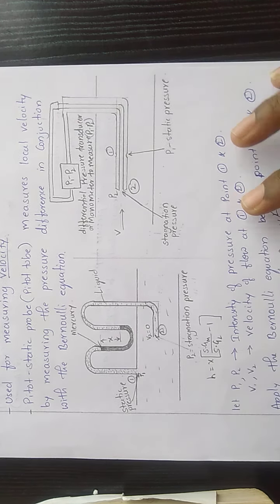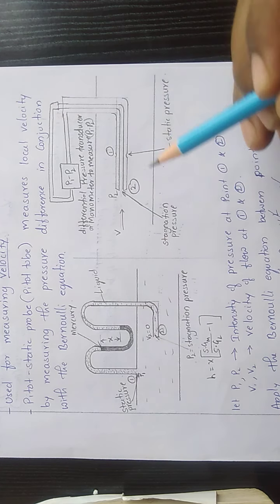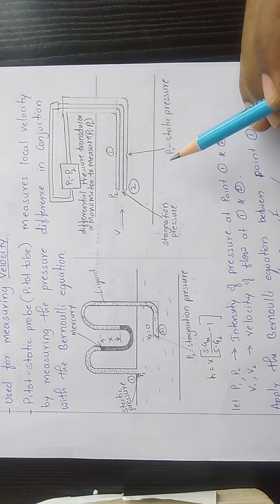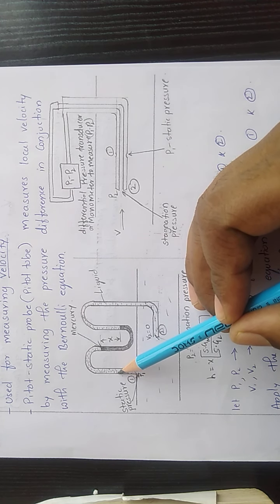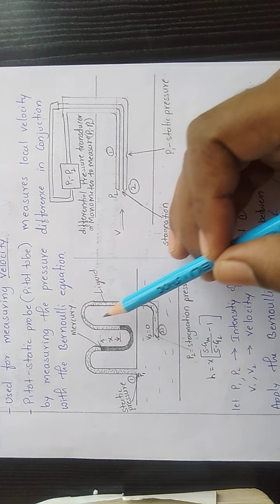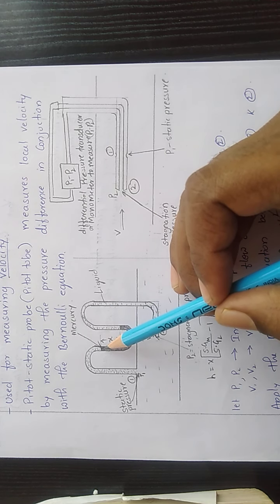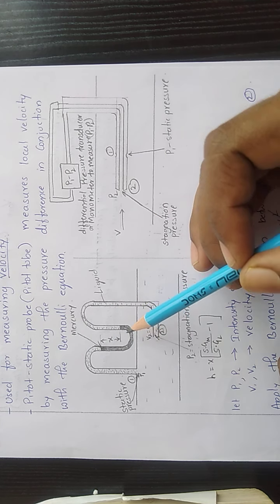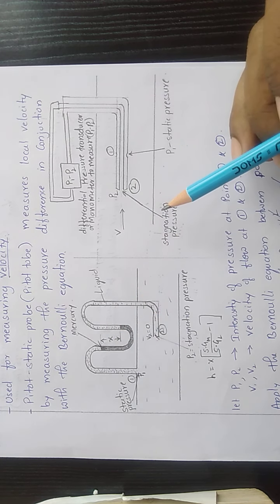You can see the sketch. These are some of the ways in which we can arrange the pitot tube. This is the piezometer and this is the pitot tube. Both are connected with the help of a U-tube manometer, and inside the U-tube manometer, suppose I am using mercury, then the difference of height is x.